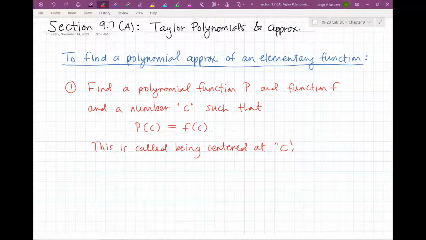If you see f of 3, you're centered at 3. Okay? So you're going to find a polynomial function p and function f at a number c such that p of c is equal to f of c. So we're going to say that we're being centered at c. Sometimes they call it being expanded at c, but most of the time people will mention it as being centered.